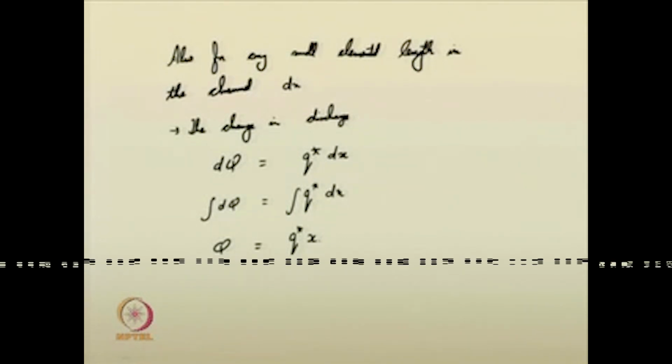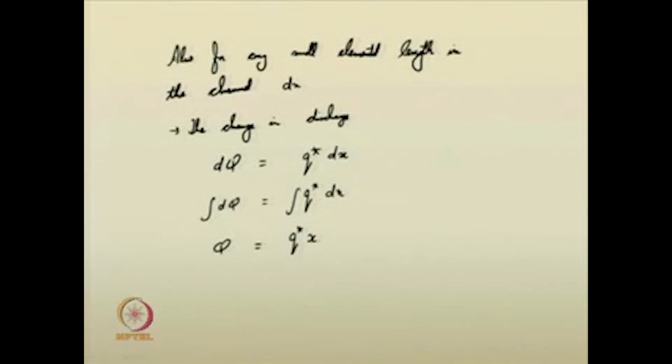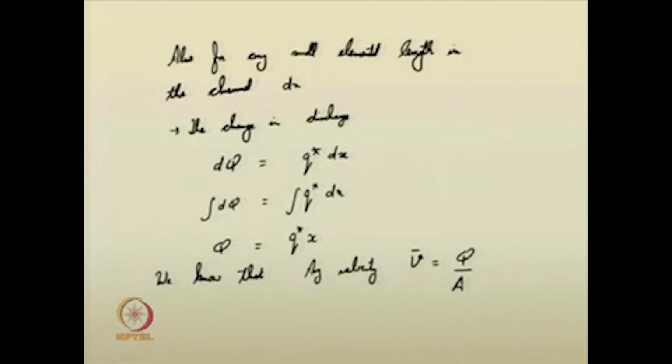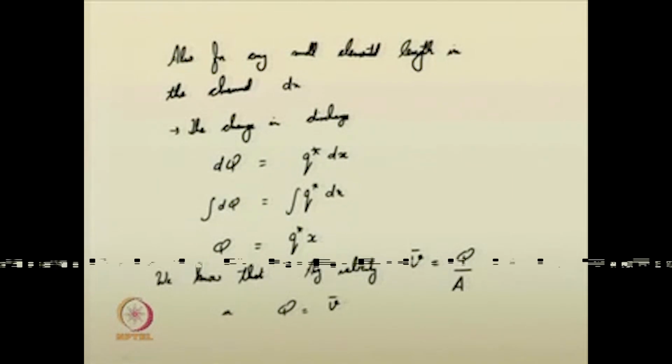So, we will use the same relationship. We know that average velocity at any section is nothing but discharge divided by the area of flow, or Q is equal to V bar A. These things you have been dealing with earlier.